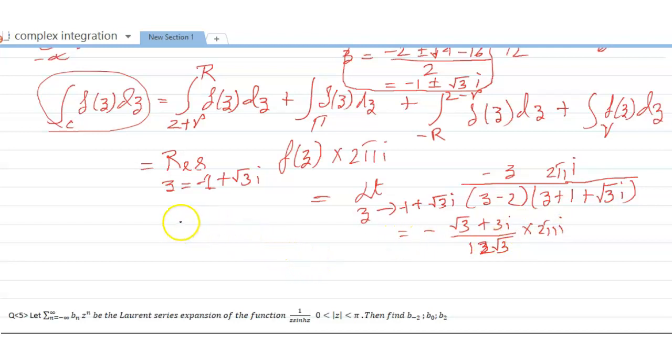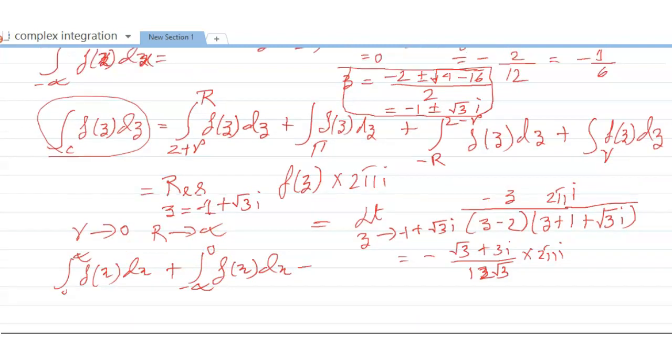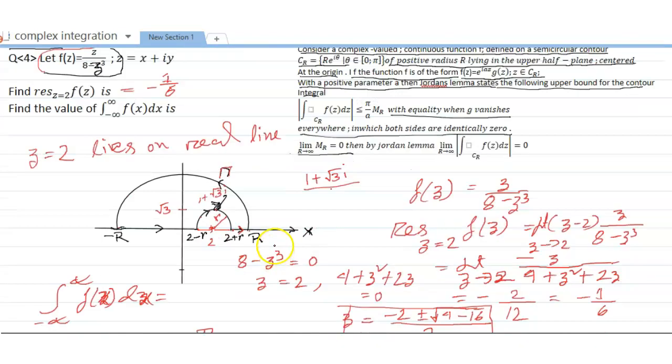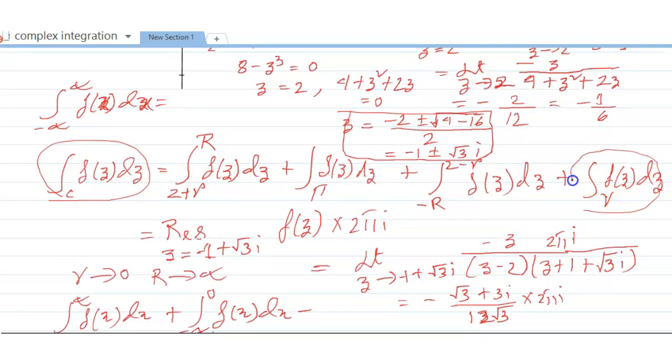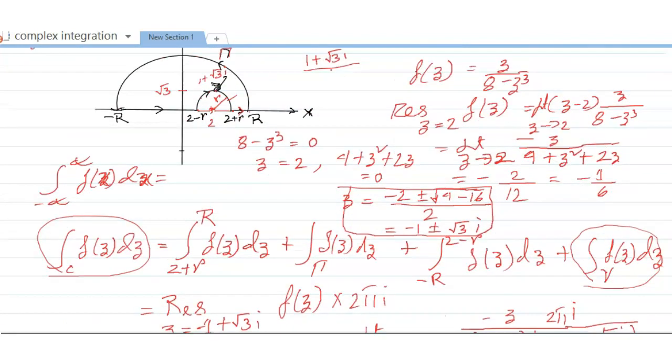And after that, friends, r tends to infinity and the small radius tends to 0. So I get the integral from 0 to infinity of f(x) dx, plus the integral from minus infinity to 0 of f(x) dx, minus the value of the integral over gamma of f(z) dz, where the circle is a semicircle.